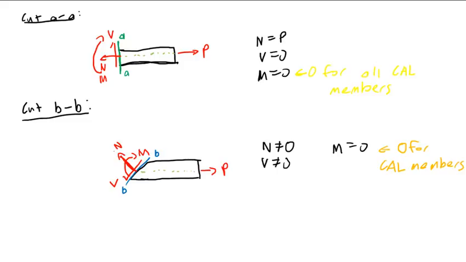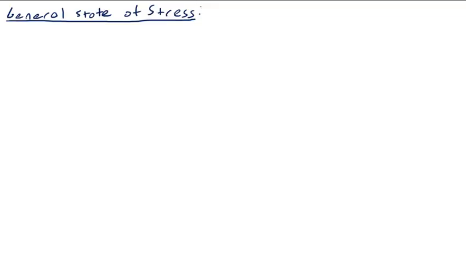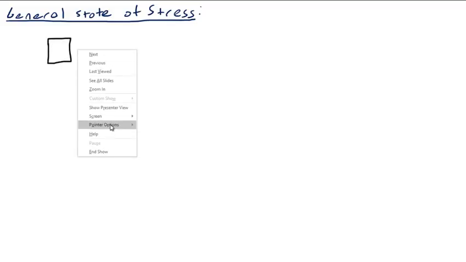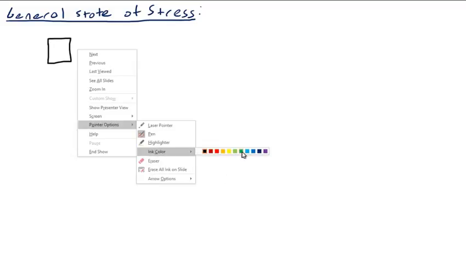The general state of stress here. Well, I'm going to draw a stress block. This is something that shows all of the stresses on a cut in an object. Or maybe not necessarily on a cut, all of the stresses on an object at a certain point, at a certain location.